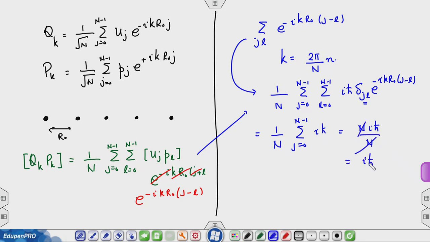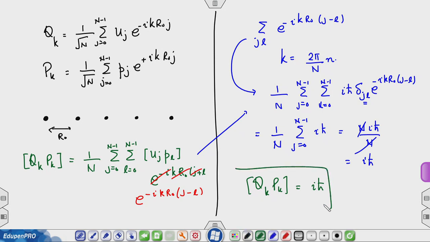So, what we have established is that the q_k p_k commutation relation gives me i h cross, if k is the same. Now, I have been saying that when j is not equal to L, this summation of exponential is going to be 0, and that is going to be useful if I take the commutation relation between q_k and p_k prime. So, let us do that now.